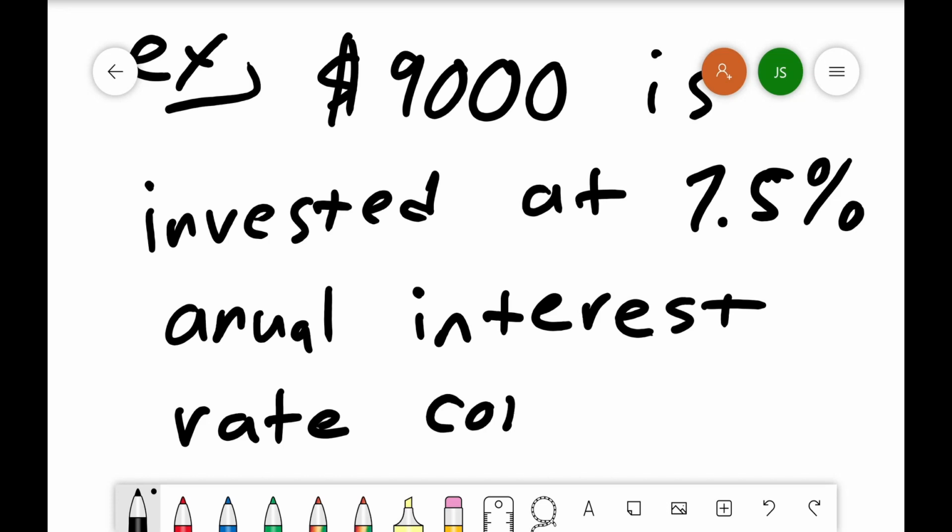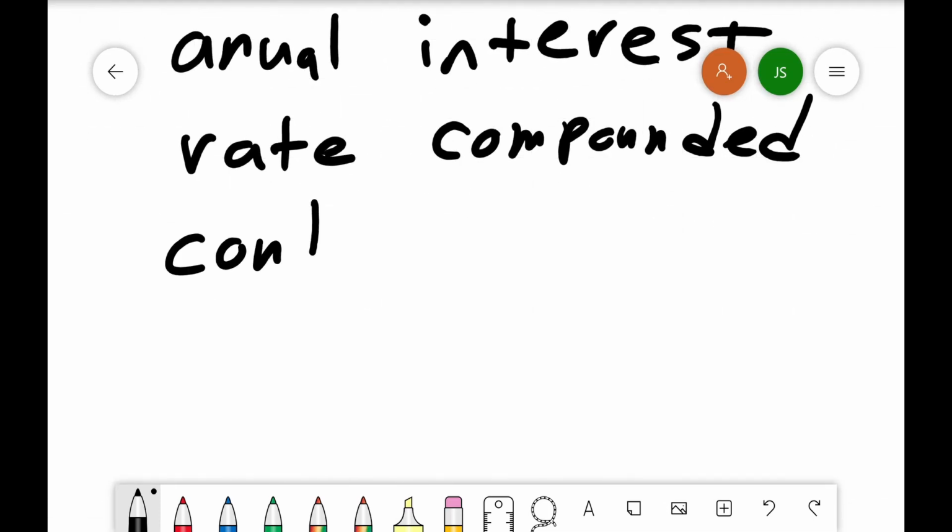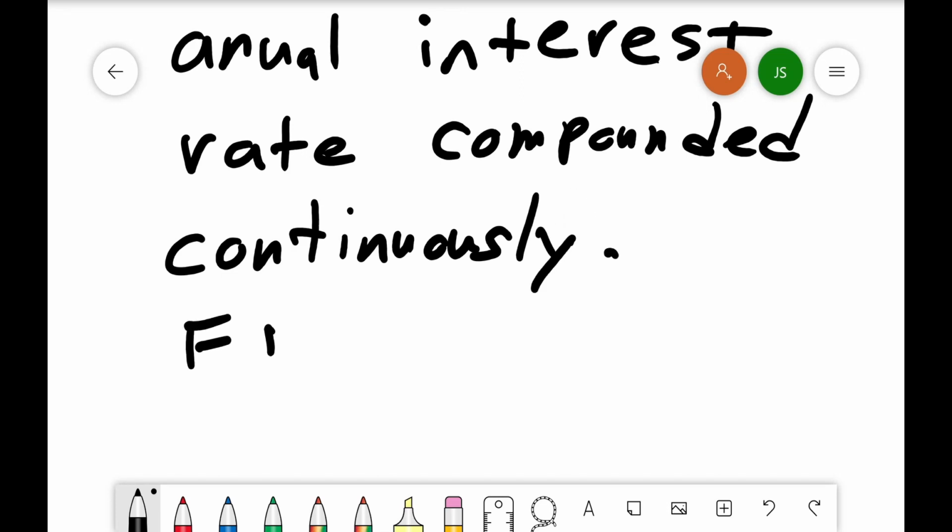Compounding continuously. Find the amount after 10 years.